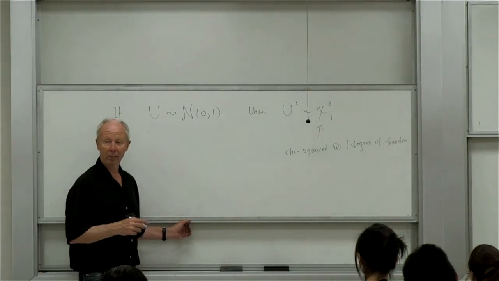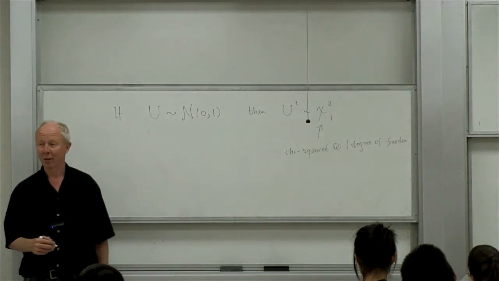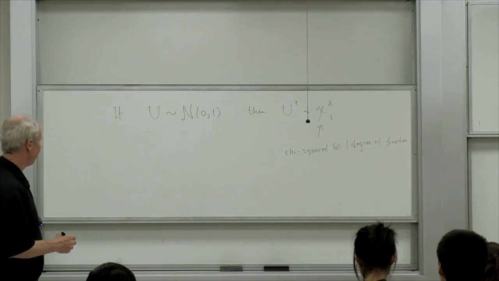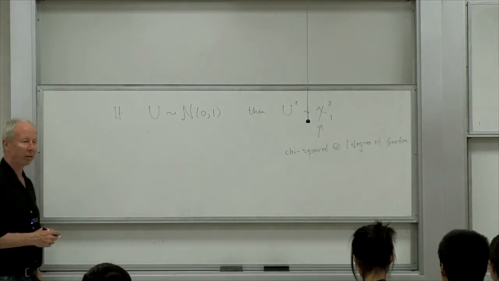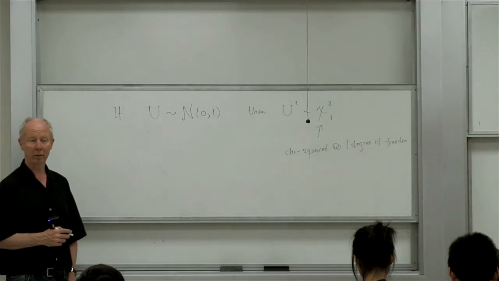And how do we reveal distributions of random variables? We compute the moment generating function and see if we recognize it. And fortunately, it's rather quick to decide because we only know a few moment generating functions at this stage. So let's compute the moment generating function for U squared.